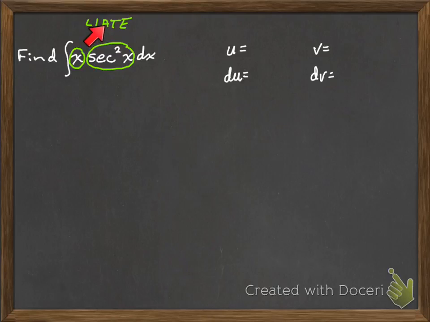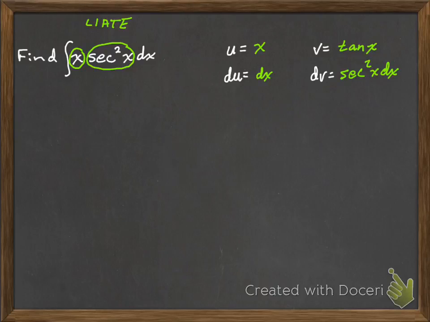Therefore, the algebra part is going to be our u value. So the u value is going to be x, which means secant squared x dx is the v prime. And so the derivative of x is going to break down to be just 1 dx, and the antiderivative of secant squared is tangent of x.